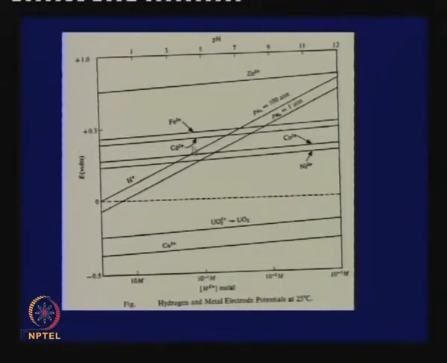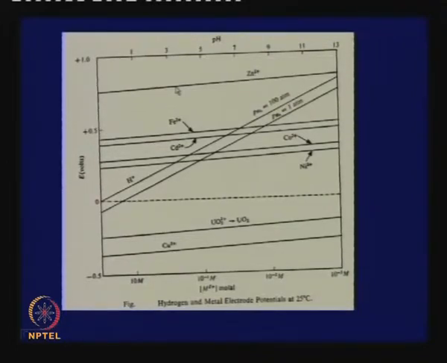And we have shown that while normally nickel ion cannot give nickel metal, if we go to a suitable pH value, or apply a suitable pH2 value, the lines for hydrogen ion potential and metal ion potential in the case of nickel and cobalt will cross.